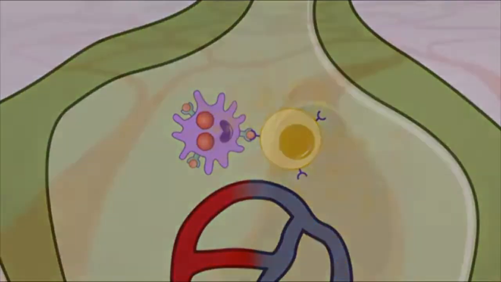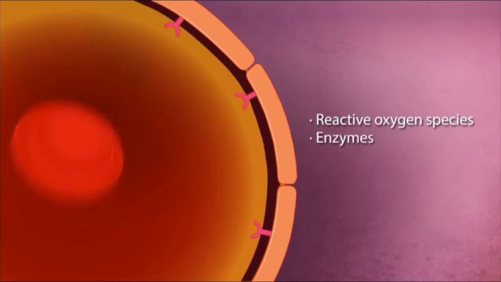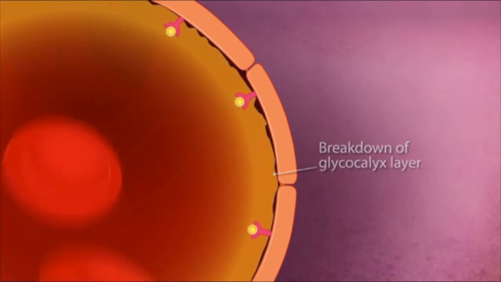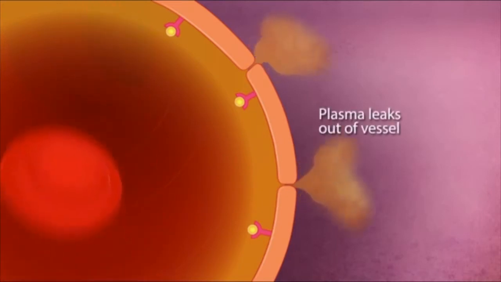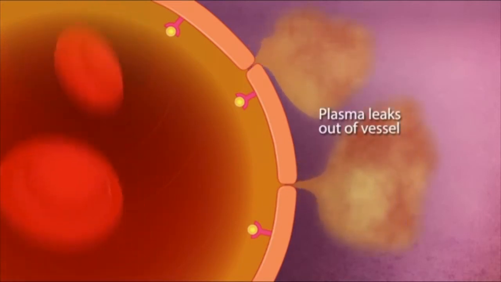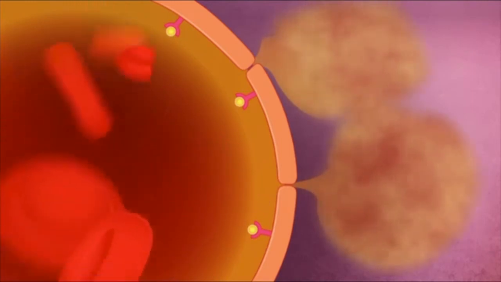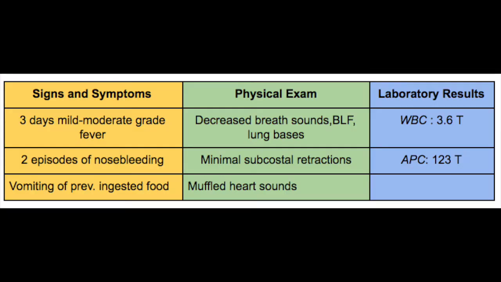There is evidence suggesting that increased vascular permeability during severe dengue is caused by reactive oxygen species, enzymes, and pro-inflammatory molecules that start to break down the glycocalyx layer, the layer that maintains the integrity of blood vessels, allowing plasma to reach the underlying intercellular junctions and leak out into the tissues, leading to fluid accumulation with respiratory distress, which possibly manifested as the decreased breath sounds, both lung fields, lung bases, as well as subcostal retractions.